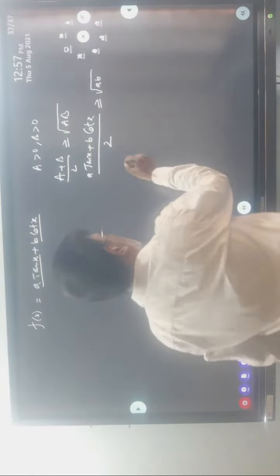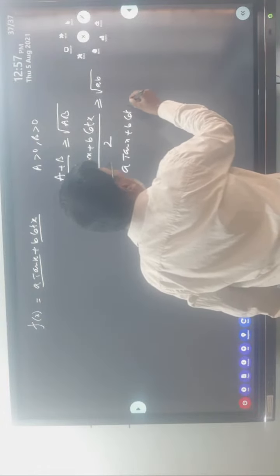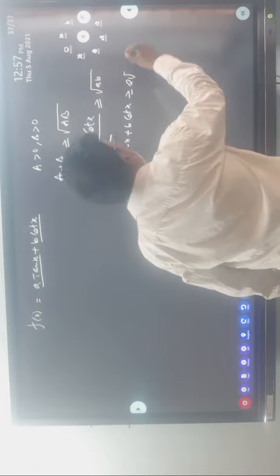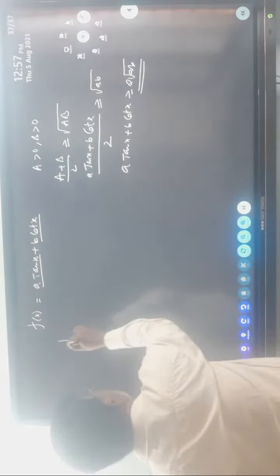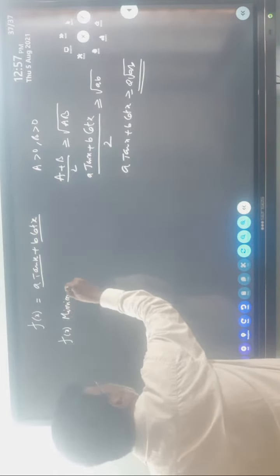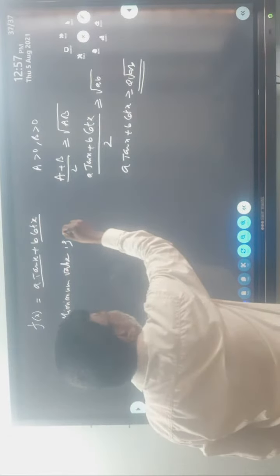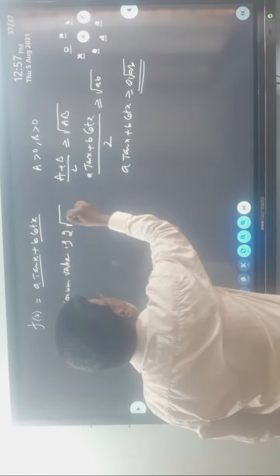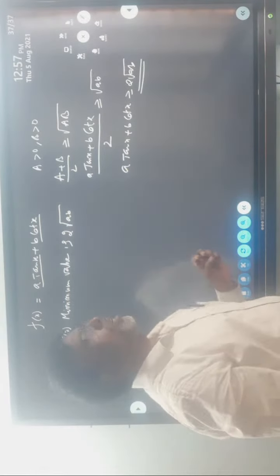So a tan x plus b cot x is greater than or equal to 2 root ab. So the minimum value of f of x is 2 root ab. That is very important. Remember that.